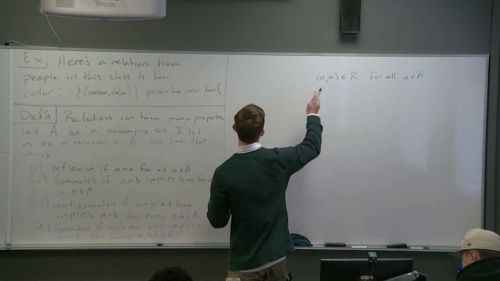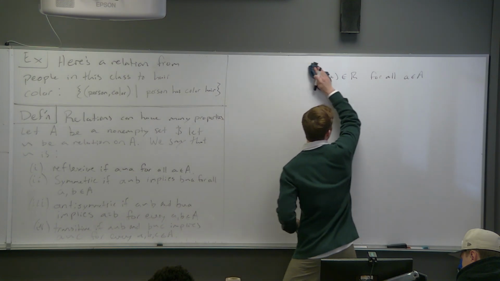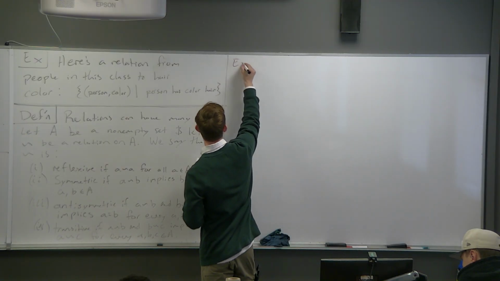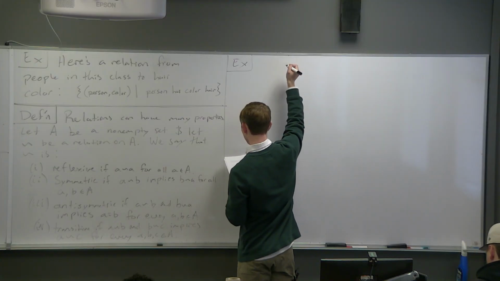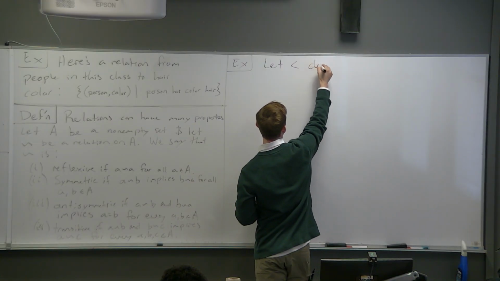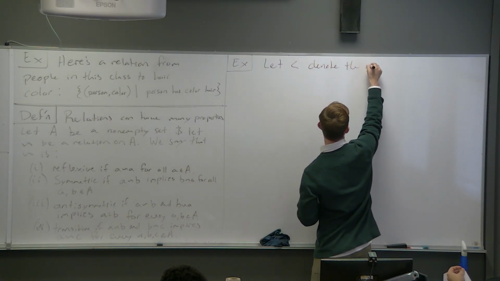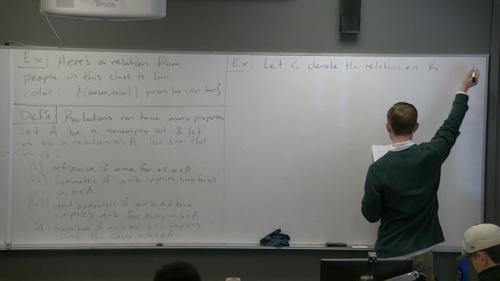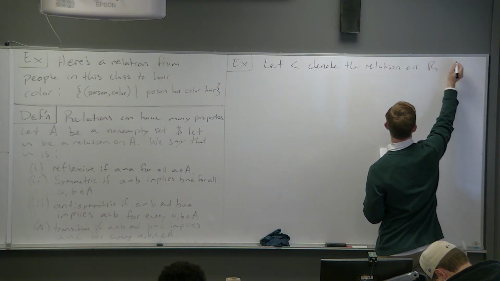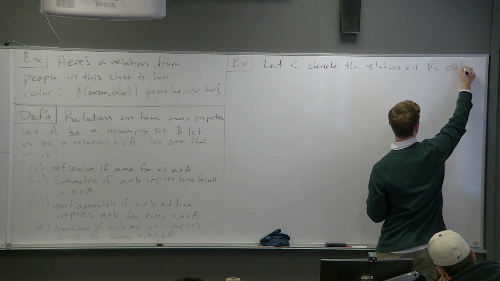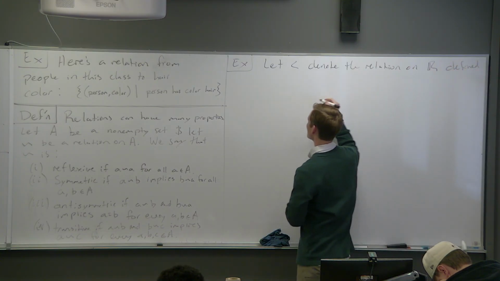Let's get some examples of these and see what all this looks like. Example: let's use the less than sign. Let less than denote the relation on R, blackboard R, defined in the usual way.